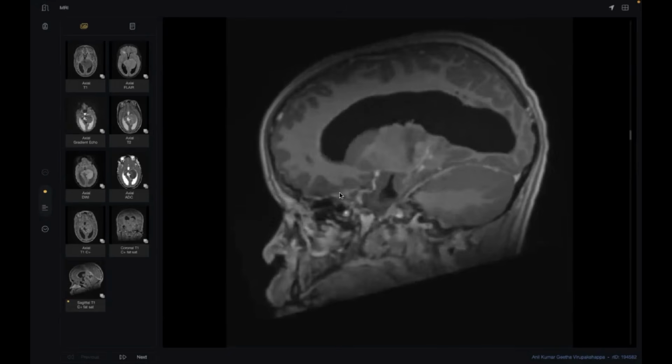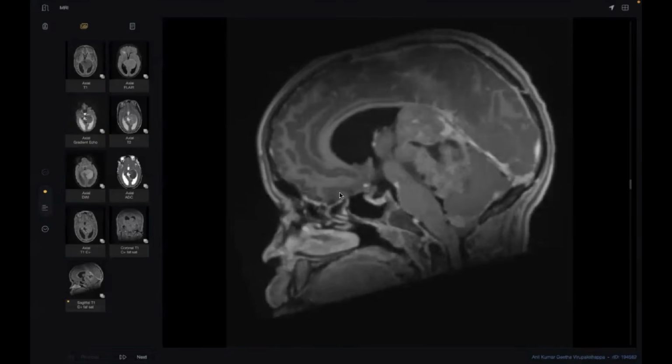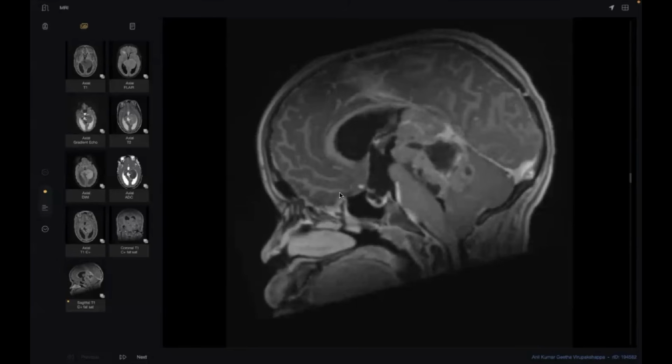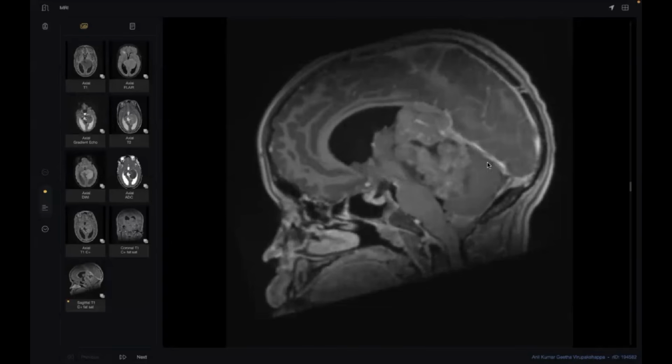Are you sure this is intraventricular? It is raising the tentorium cerebelli, displacing it superiorly. Look, this is the tentorium.